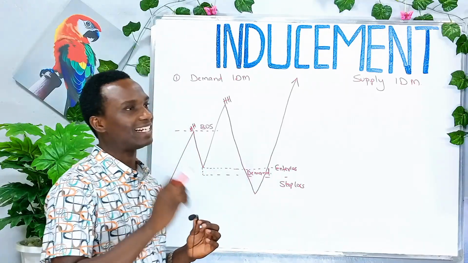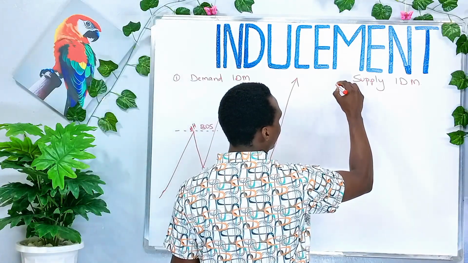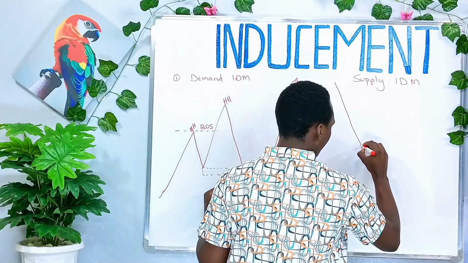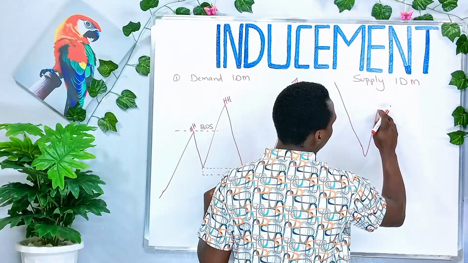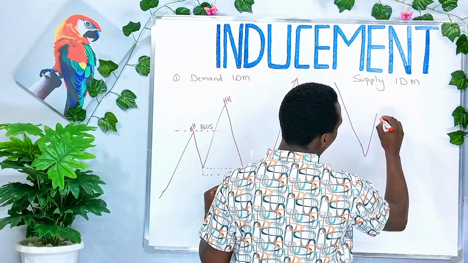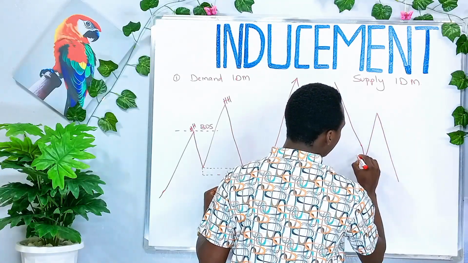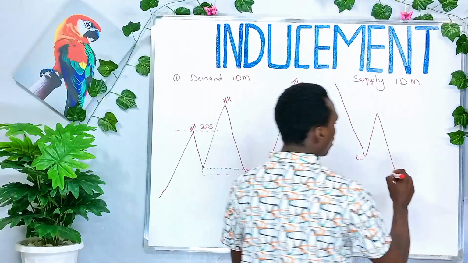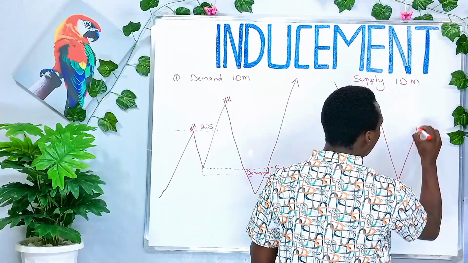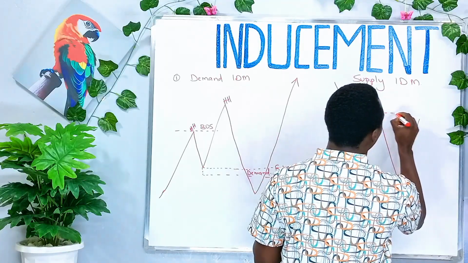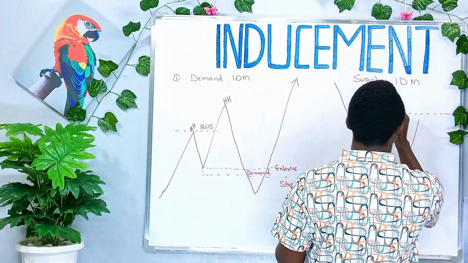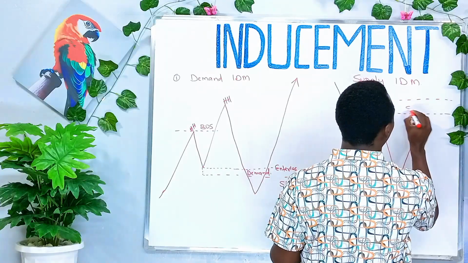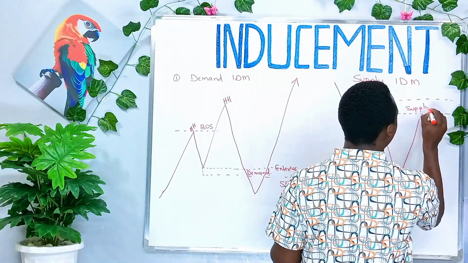The exact opposite is true when we want to look at the supply inducement. It happens in a downtrend. Remember, in this case, the price was in a downtrend. It reverses to around that area, goes down, makes a lower low, and goes down to create another lower low. So we expect the price to come around this area, because this area is our supply area.